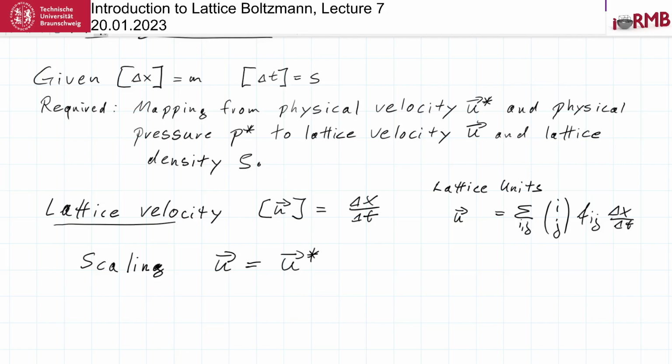And now the way we write this is by multiplying by delta t by delta x and delta x by delta t. So you see this is doing nothing, but it is used to do this transfer. What we want is this u to be in the unit delta x by delta t.